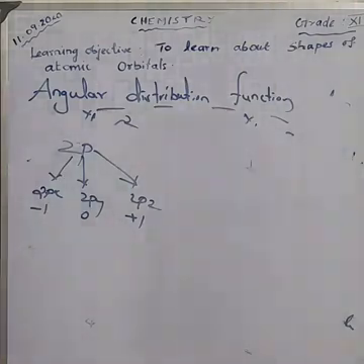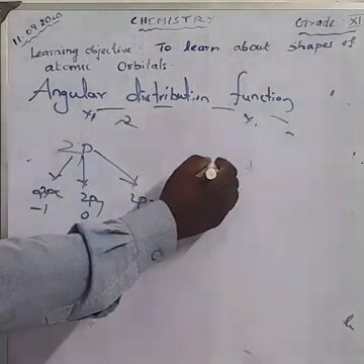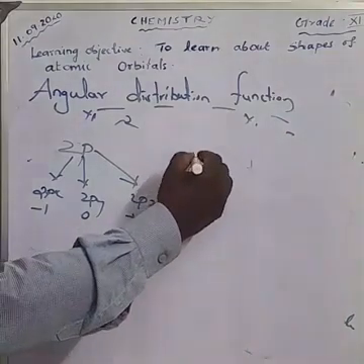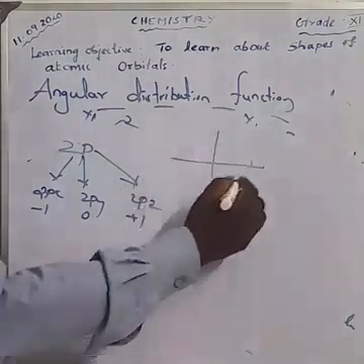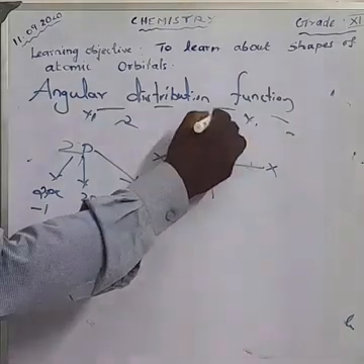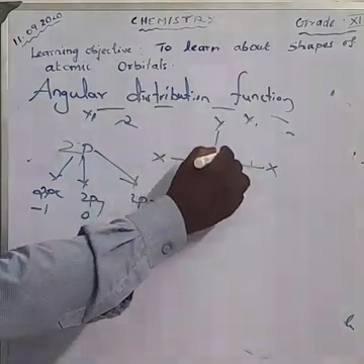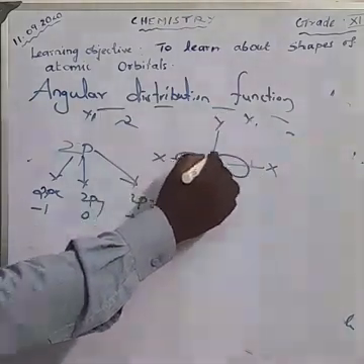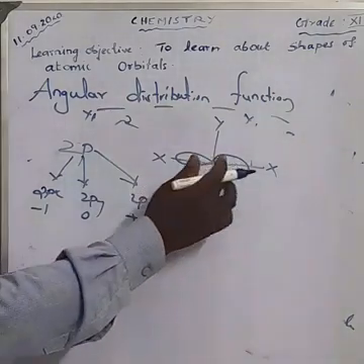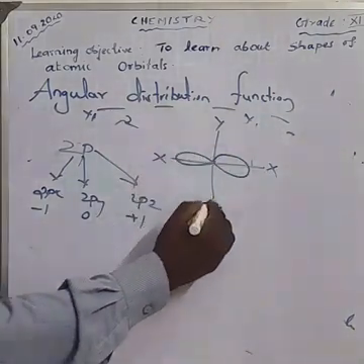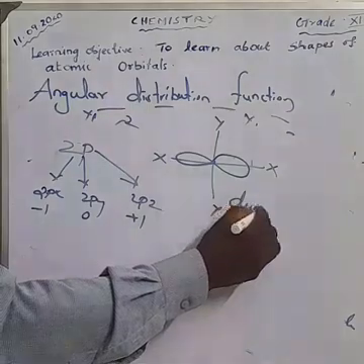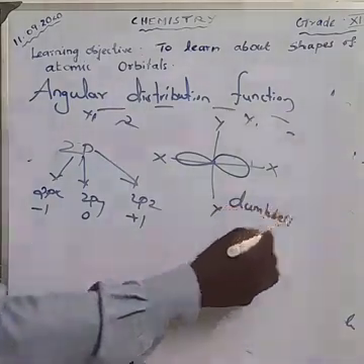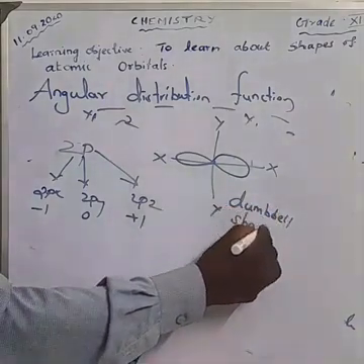So 2p will have which shape? Dumbbell shape. Okay. For example, I am drawing the 2p subshell. This is 2px. Okay, this is the x-axis, y-axis. This is the dumbbell shape.